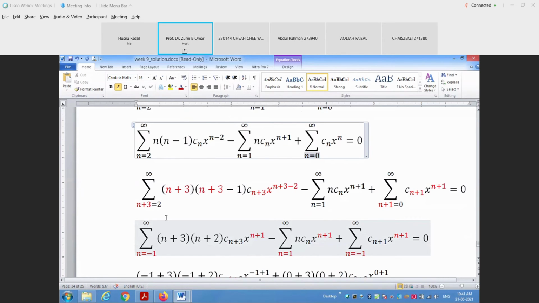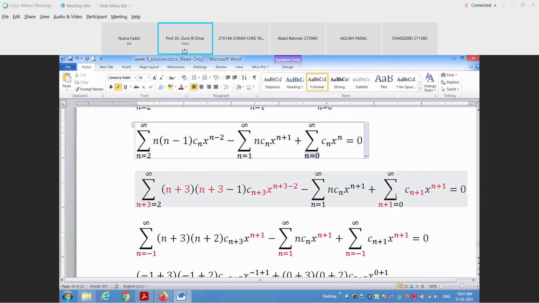When we simplify this, n starts with minus 1 for the first series, and this will be n plus 1. This one will be n plus 2 because n plus 3 minus 1 is n plus 2, and then c_(n+3), so now it becomes x^(n+1). This one remains unchanged.